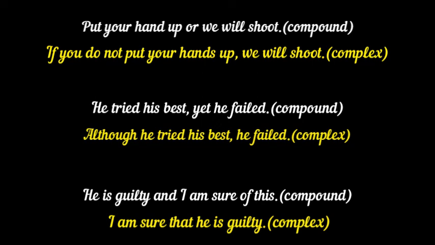Then in the last example, the first coordinate clause of the compound sentence, he is guilty, is changed into the subordinate clause that he is guilty using the subordinating conjunction that. And the expression of this in the second coordinate clause of the compound sentence is also removed from the complex sentence as it is unnecessary.